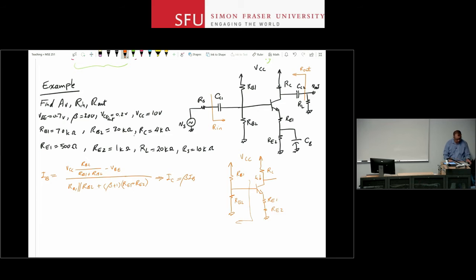In terms of numerical values, once you plug in the values, the collector current is going to be 1.4 milliamps, the collector voltage is going to be 4.3 volts, and the base voltage is about almost 3 volts.